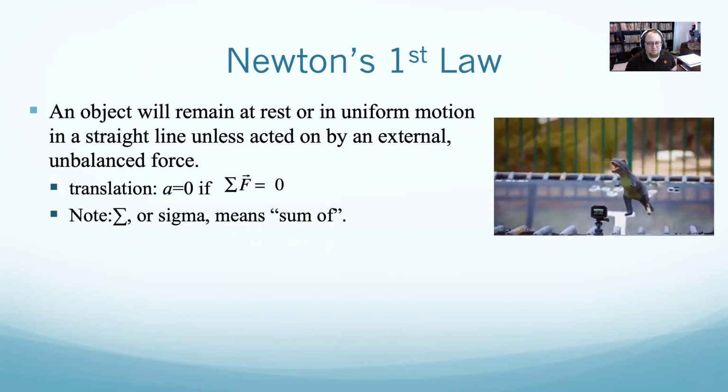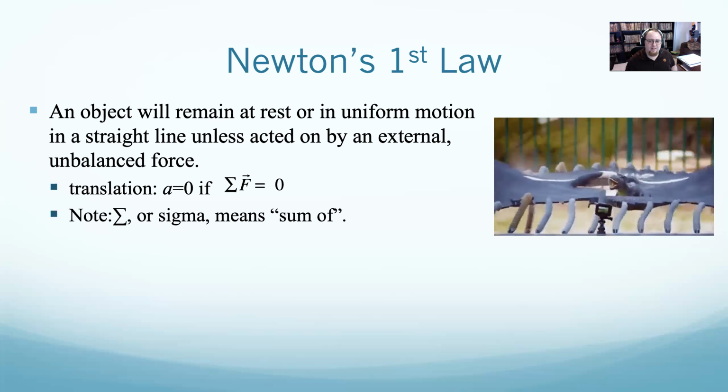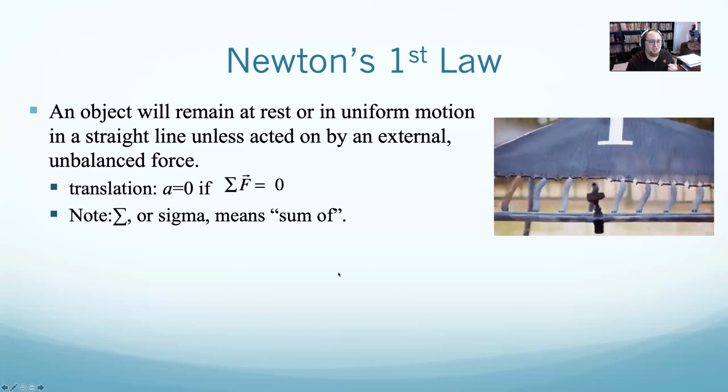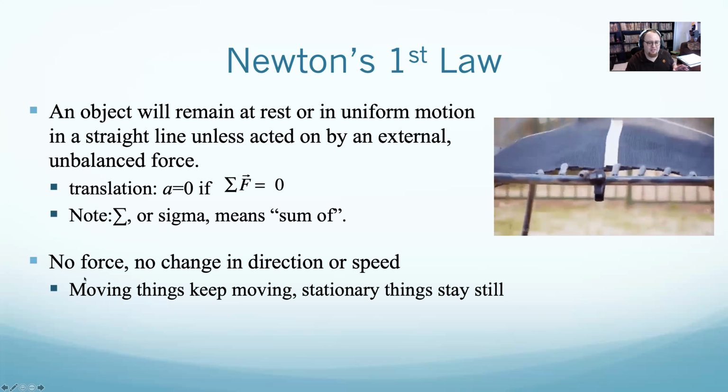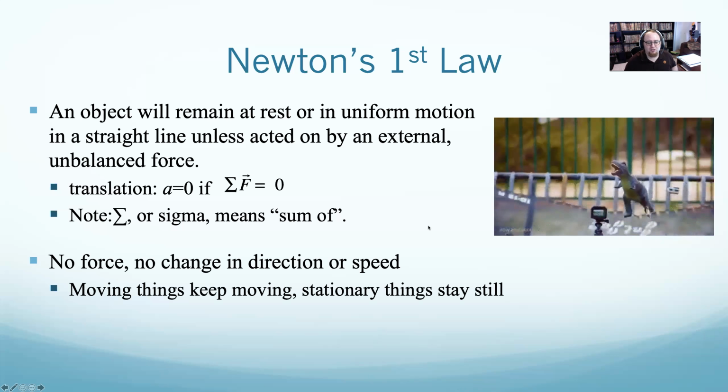What this means is that if the sum of forces on something is 0, its acceleration is 0. Not if there's no force, even though I wrote that there, but if all the forces added up equal 0, there will be no change in direction or speed.